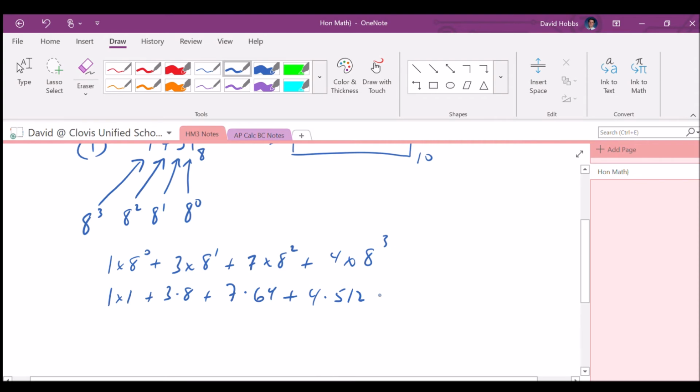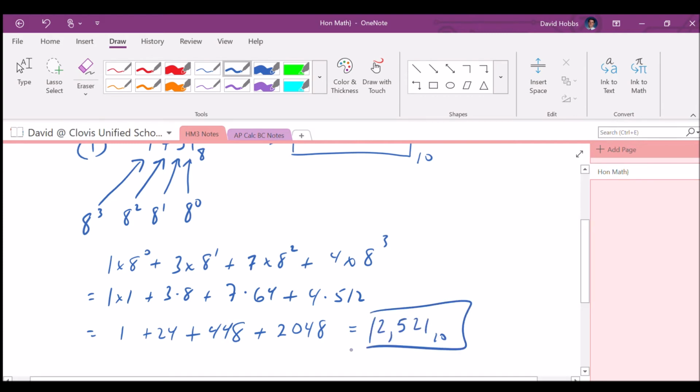third is 512. Now, a little calculator's probably a little bit handy, but I have 1 plus 24 plus 7 times 64, 448 plus 4 times 512, 2048, which is 2,521.